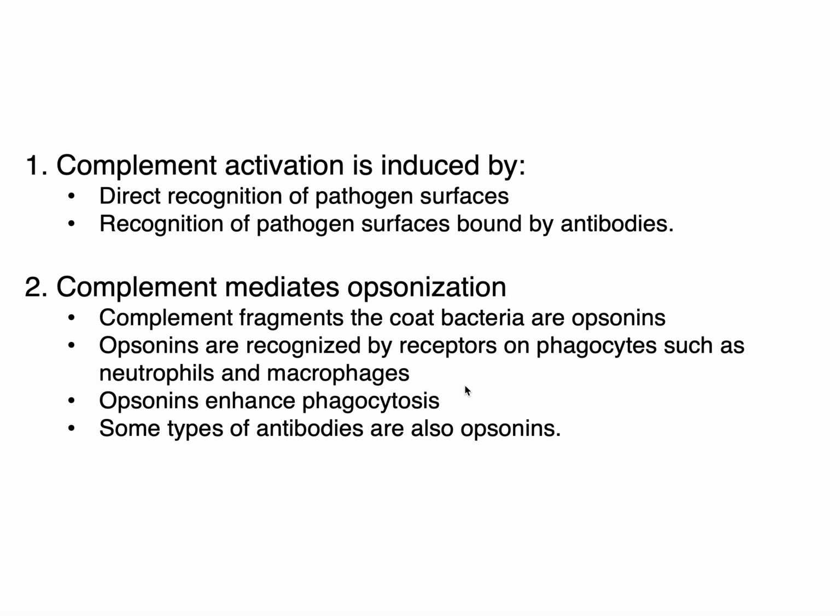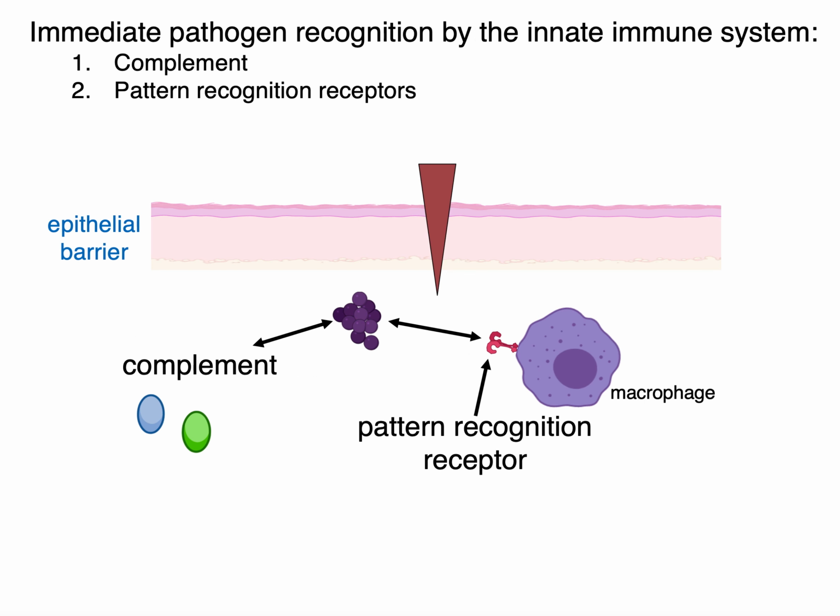Opsonins are recognized by receptors on phagocytes, and they enhance phagocytosis. So the process of coating a pathogen with these molecules is called opsonization. Some types of antibodies are also opsonins. Opsonins are basically molecules that enhance recognition by phagocytes.